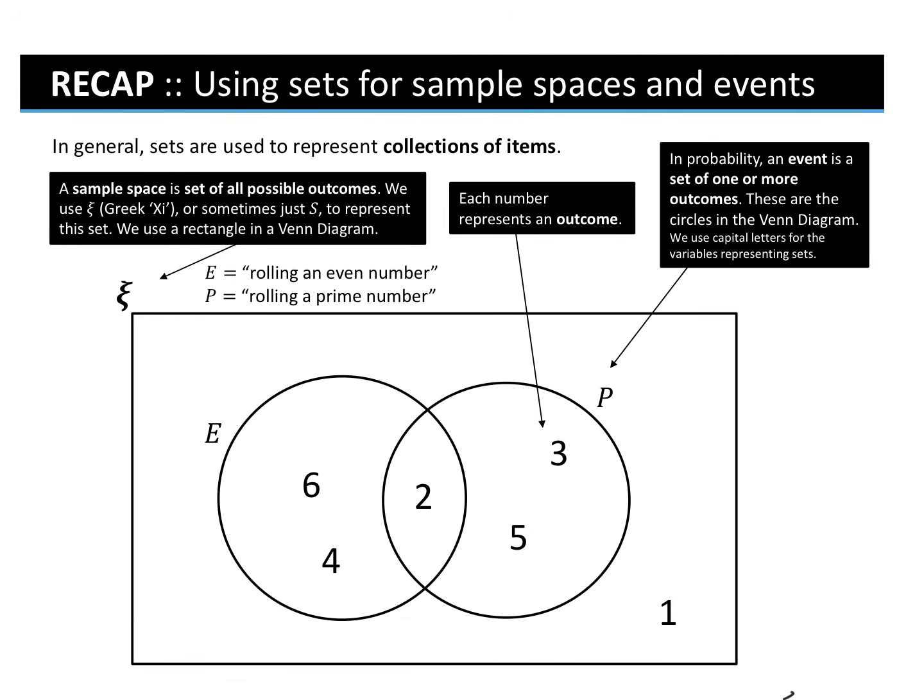Quick recap if we're using sets for sample spaces and events, okay? What we have here is rolling an even number, rolling a prime number, and then we can say, right, well, there's 3 chances out of a total 6, okay? We should all be happy with filling in a frequency diagram like this, where sometimes we don't have the totals, we actually write the elements.